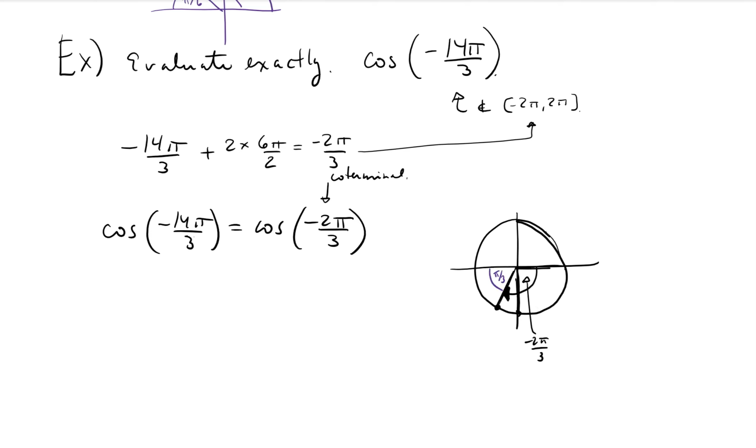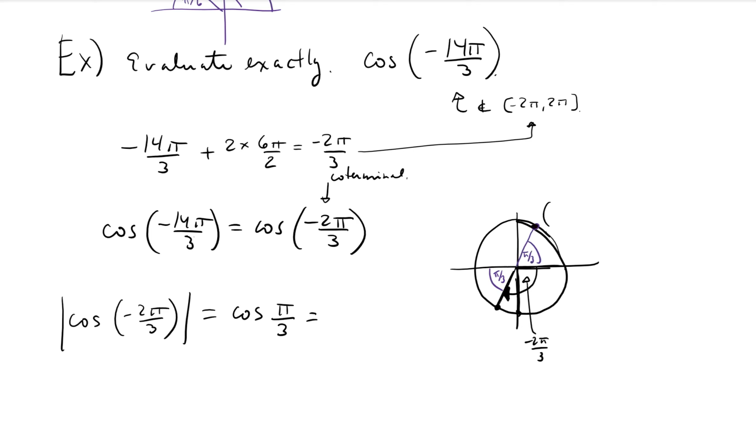So I need to look at an angle of pi over 3. The cosine of minus 2 pi over 3, in absolute value, is the cosine of my reference angle. So cosine of pi over 3, what is that? This is the point I need to know by heart.